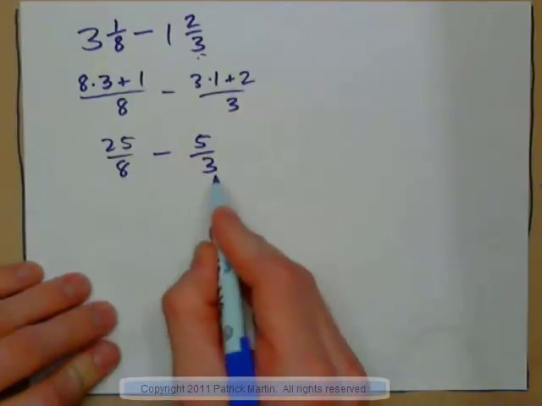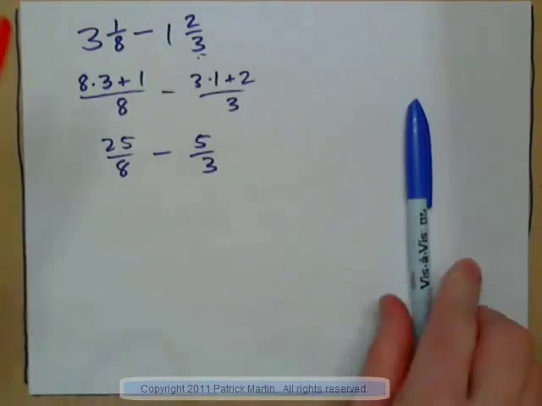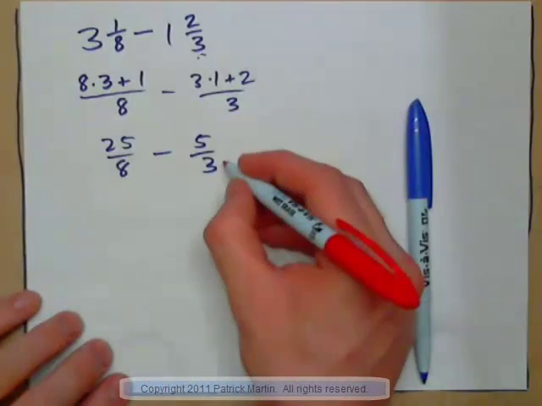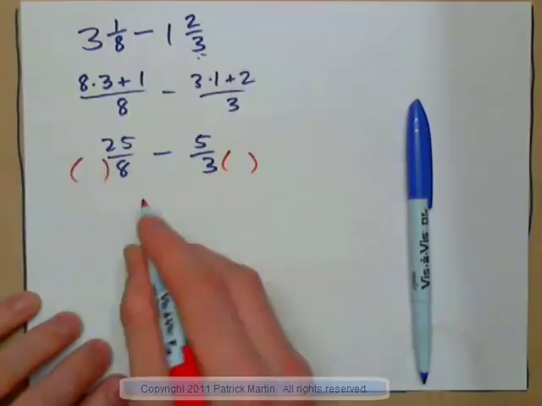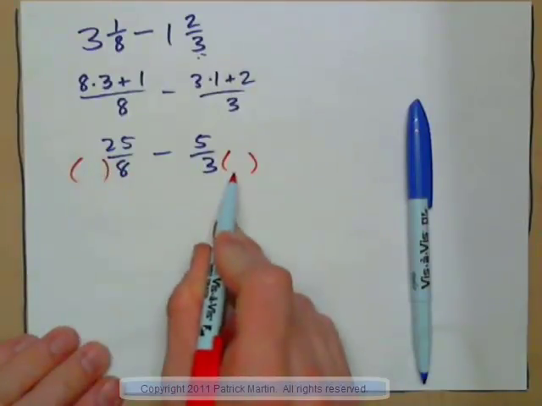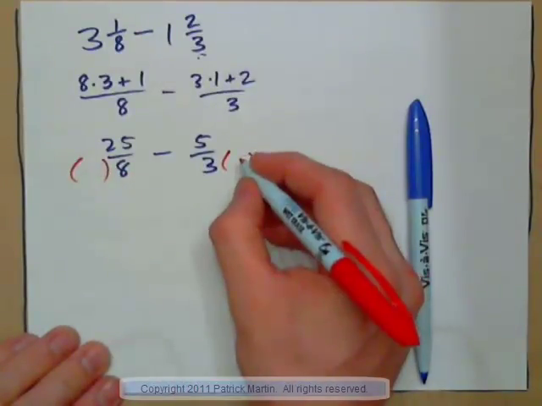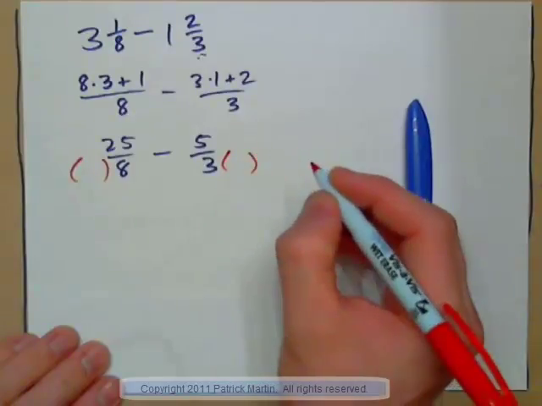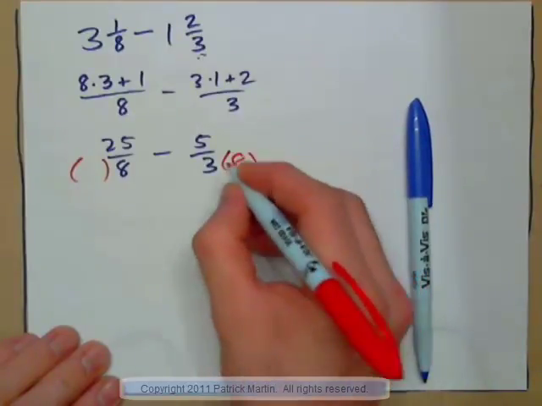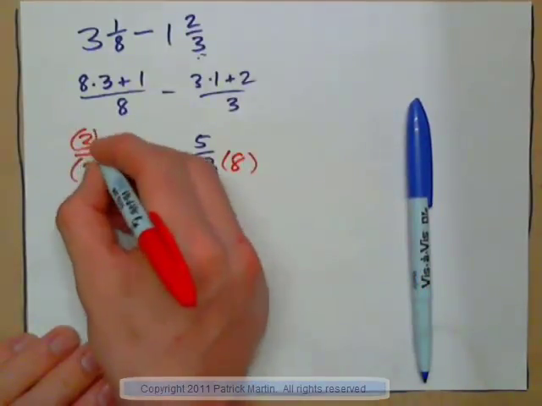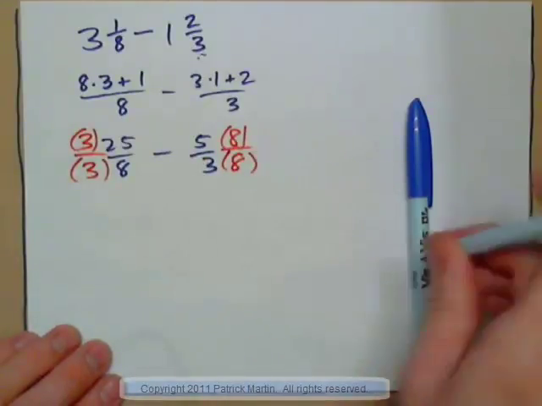So we've got eighths and thirds. If we want to subtract fractions, the bottoms have to be the same. So put something here and put something here so that these bottoms are the same. Put an 8 here and a 3 here. So multiply this by 3 over 3 and this by 8 over 8.